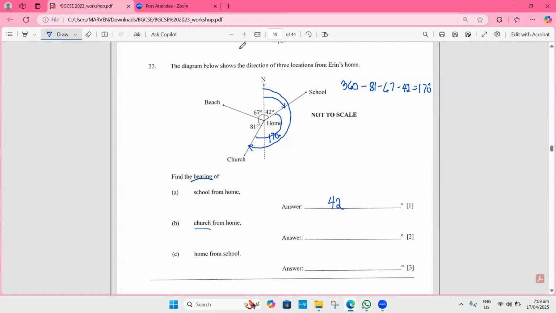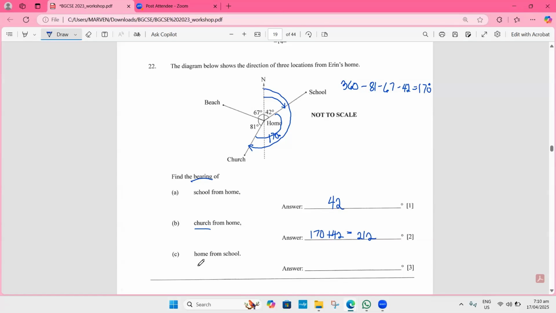So what's the answer? Again, to get the bearing of church from home, it is 170 plus 42. So you will have 212 degrees. Okay?